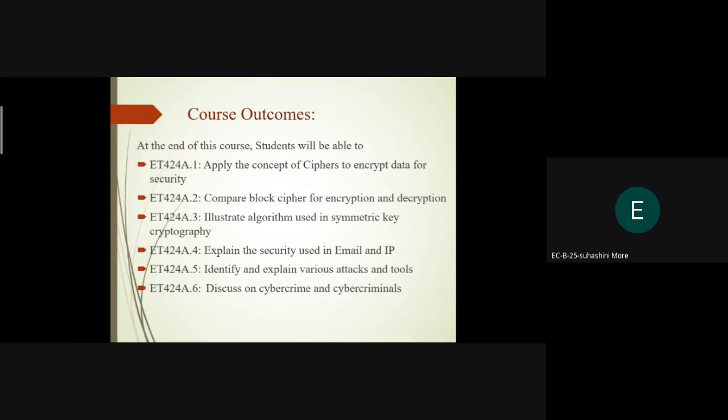Okay, so after studying the first unit, what can we achieve from that unit? The outcome is to apply the concept of cipher to encrypt the data for security. We have a total of 6 units, and based on the six units, we have to achieve various outcomes.